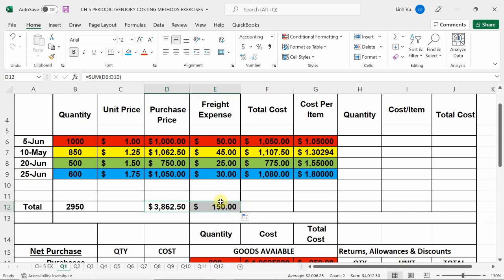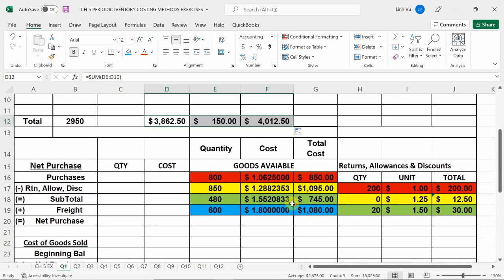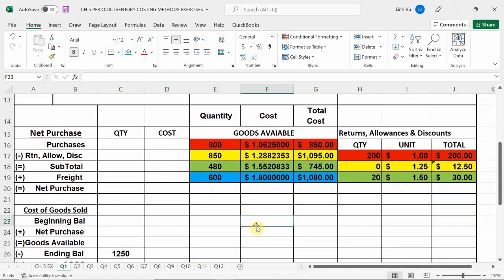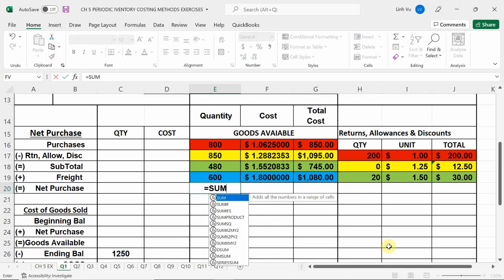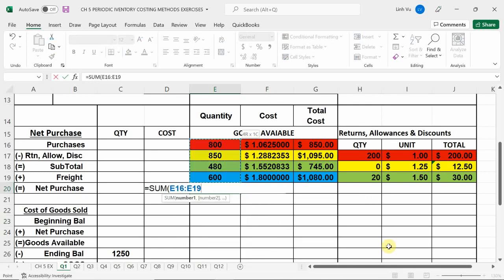My freight was a total of $150, giving me a grand total cost of $4,012.50.